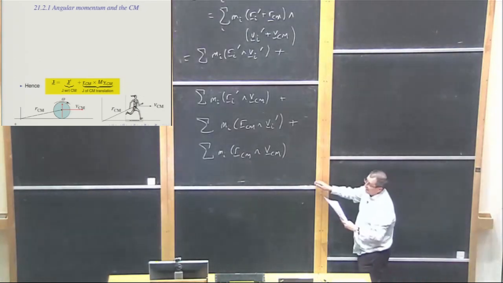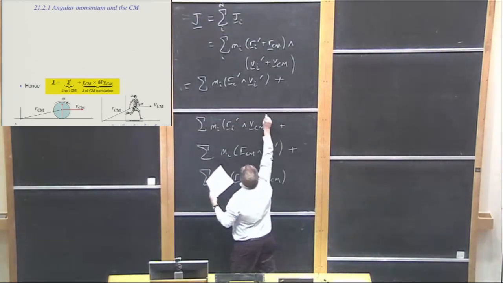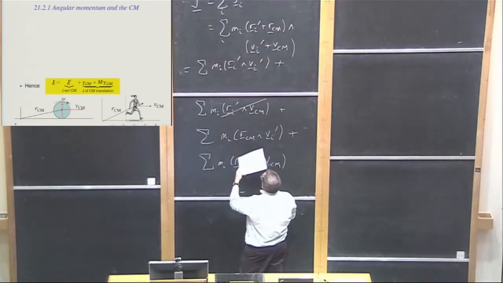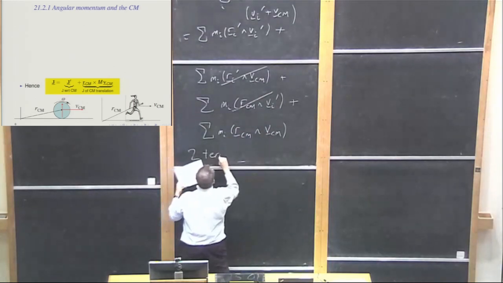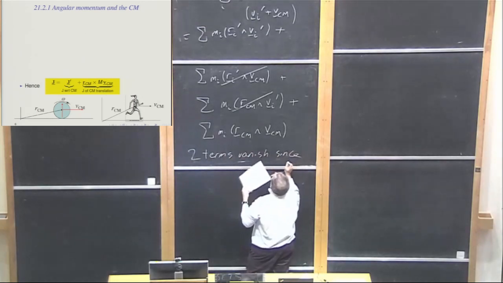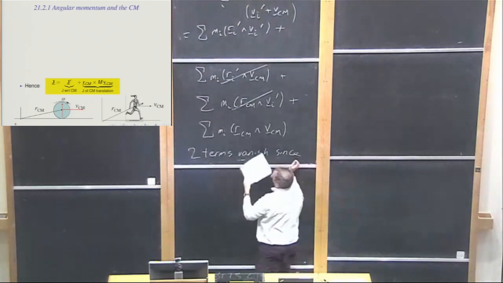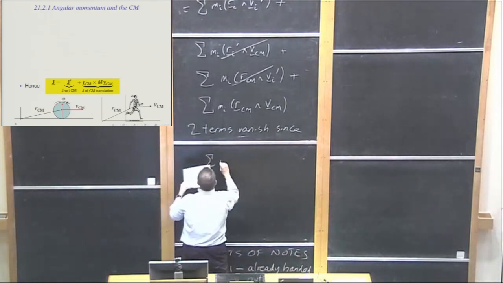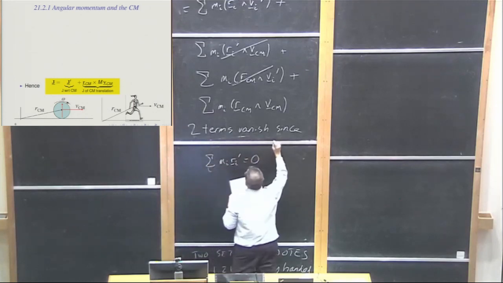Now, 2 of these contributions vanish. Which ones are they? They are this one and this one. Why is that so? It's all to do with the definition of the centre of mass frame. The first one vanishes because the sum over Mi Ri prime equals 0.